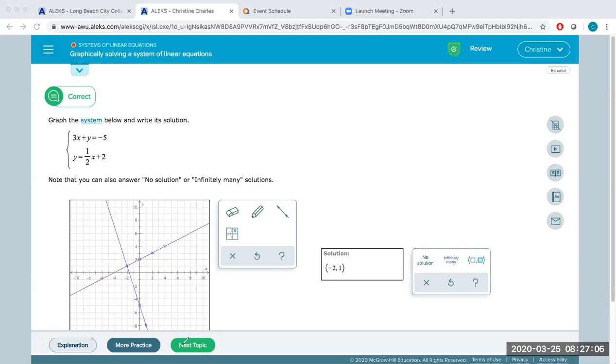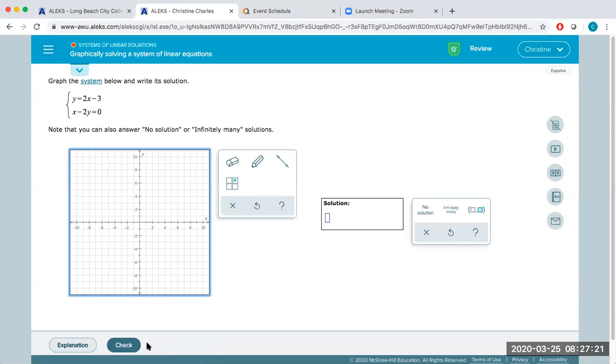Let's try one more of these because you might encounter the problem where you get infinitely many solutions or you get no solutions. So let's go to more practice. Let's see.